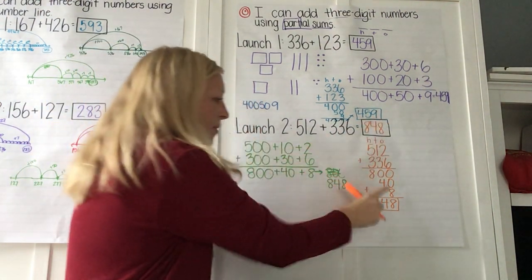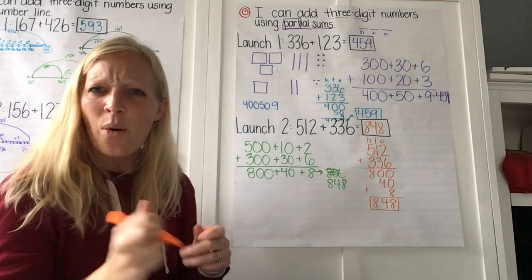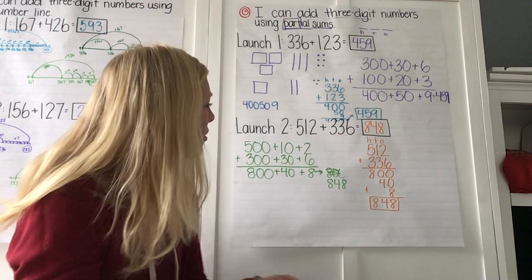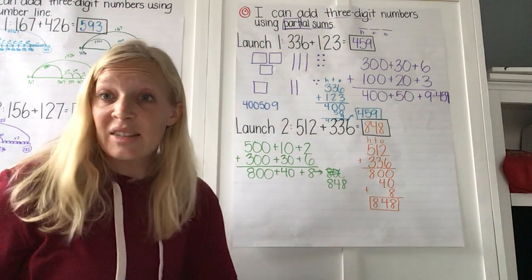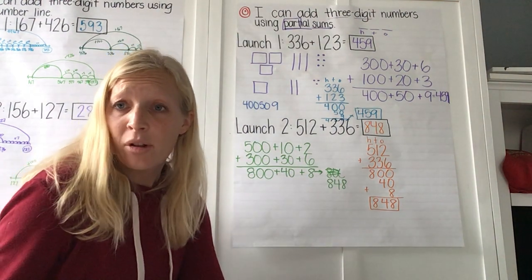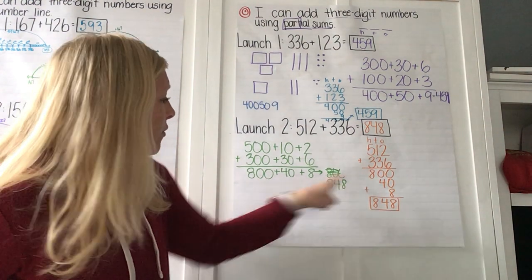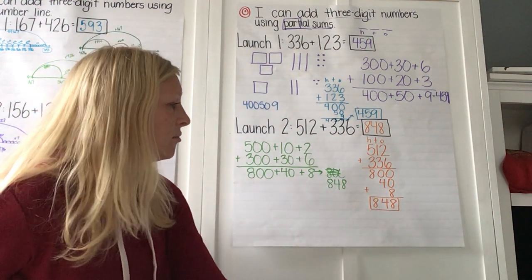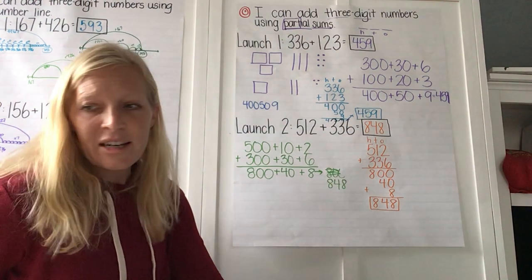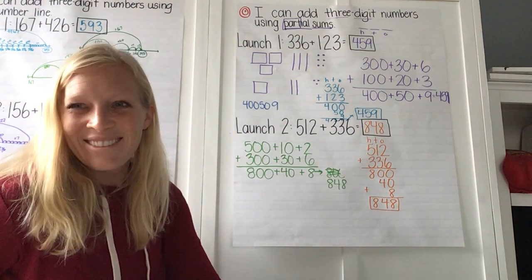Again, take a peek at both of these ways. How are they similar? They both got the same answer. How else are they similar? They had 800, 40, and 8. How are they different? That's interesting.